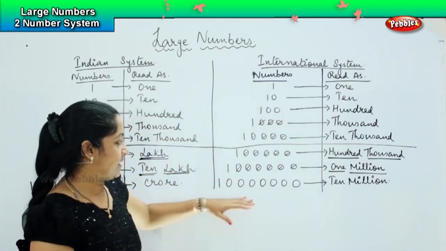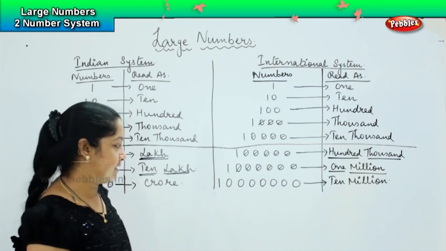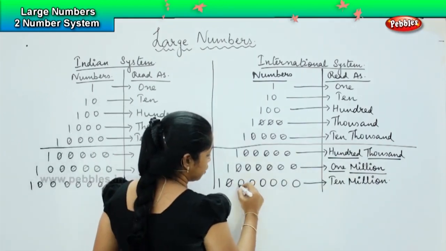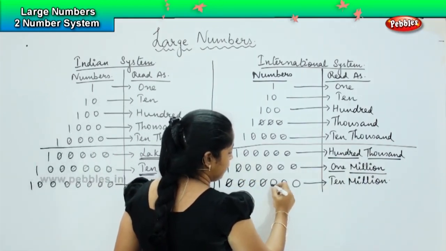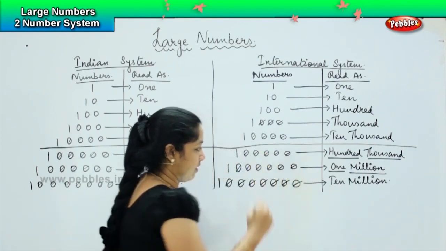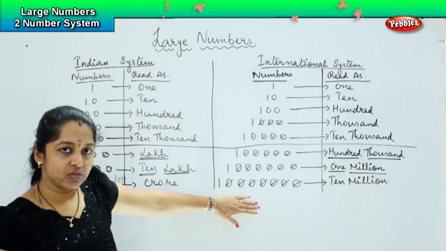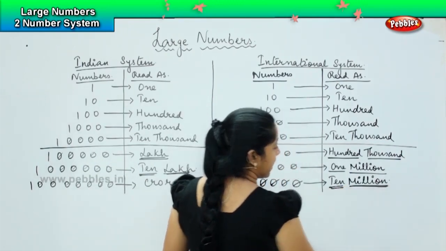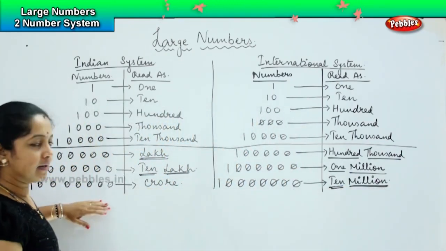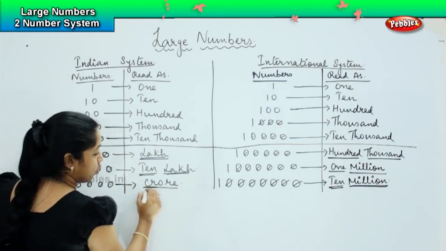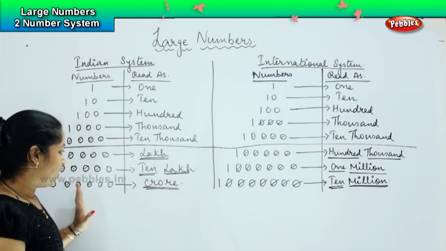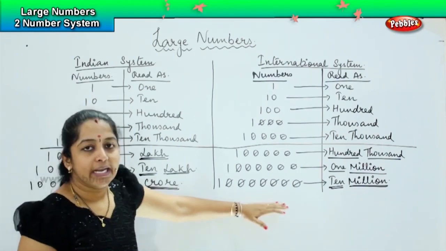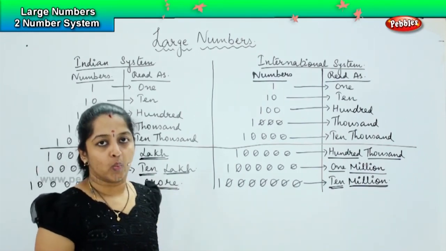Fine. The next one, followed by how many zeros? Let's count. 1, 2, 3, 4, 5, 6, 7. 1 followed by 7 zeros is called 10 million. And the same thing is counted here as 1 crore. So 1 crore is equal to 10 million in international value.